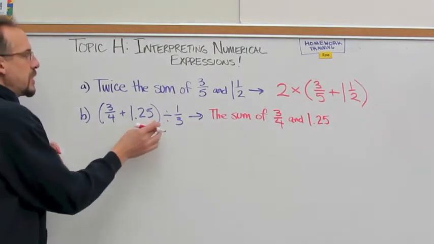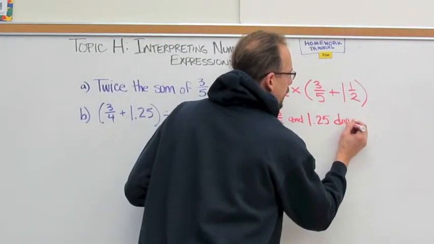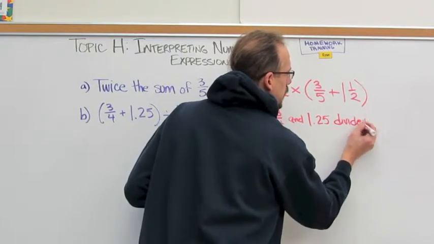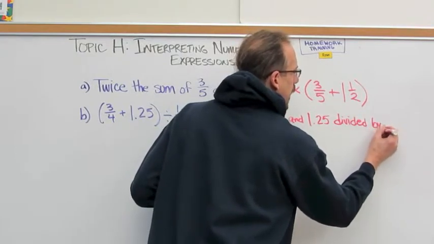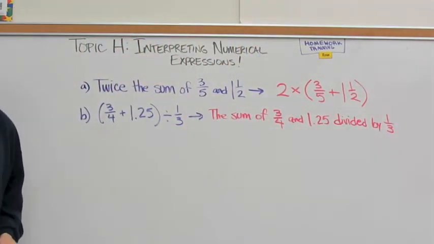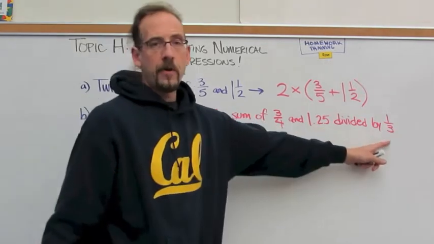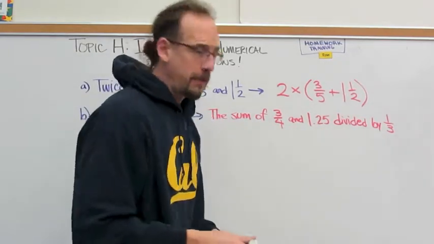So I've done this, and then I'm dividing it by 1/3. So I'm going to write that, divided by 1/3. Now, by now, kids should know that dividing by 1/3 is the same thing as multiplying by 3.